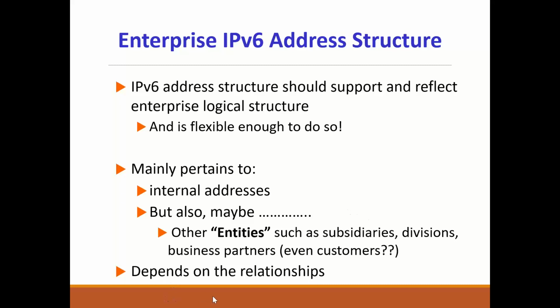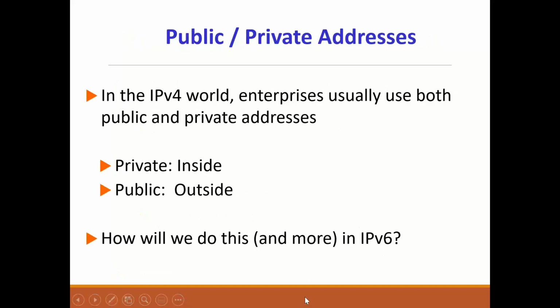But it will mean a lot to us internally, but also maybe to other entities that we work with or communicate with, or maybe we're even part of. So we may have subsidiaries, close business partners, divisions of the company. This may even apply to customers in some situation. And the big bullet there is that it will depend on the relationship. So we need to understand those. Next slide, please.